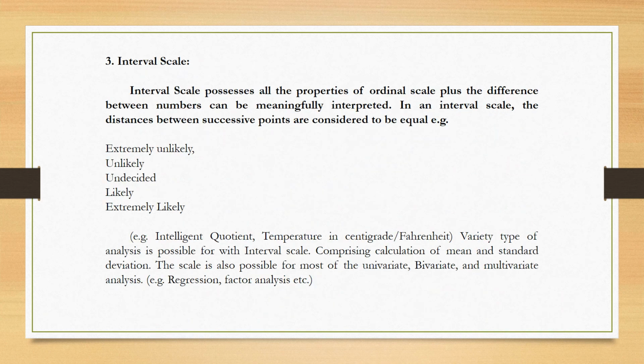The third scale is the interval scale, and the interval scale possesses all the properties of ordinal scales, plus the difference between numbers can be meaningfully interpreted. In an interval scale, the distances between successive points are considered to be equal.